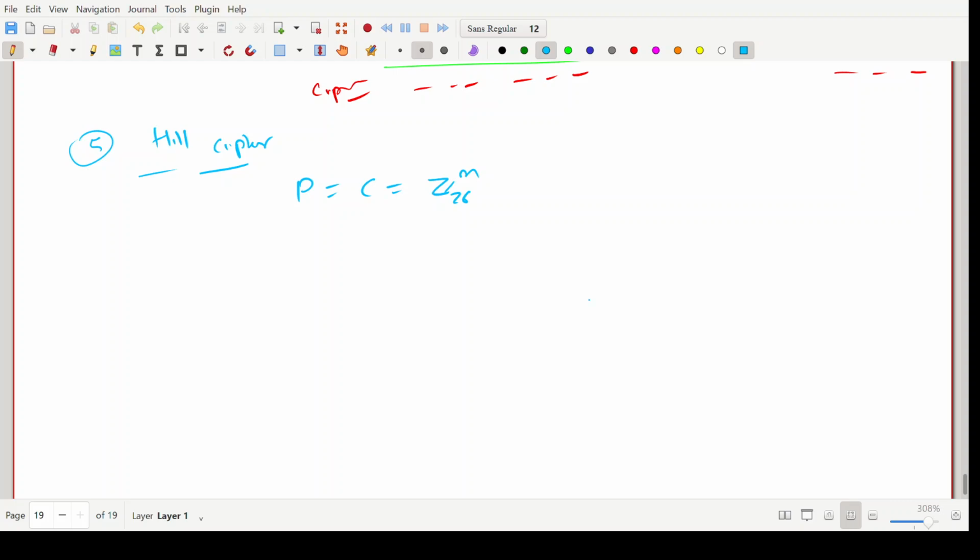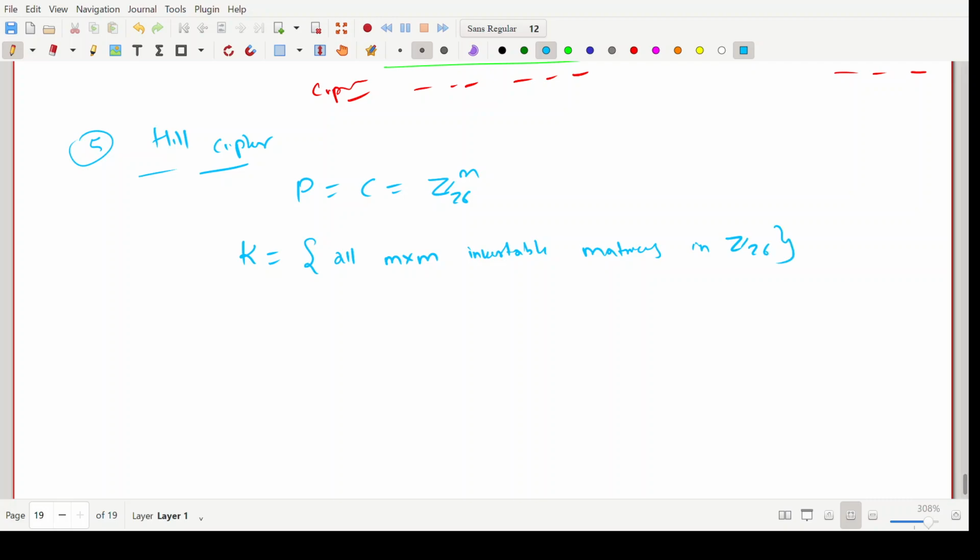This is my plain text and cipher text, and here your key is all m cross m invertible matrices. This is what my key space is.